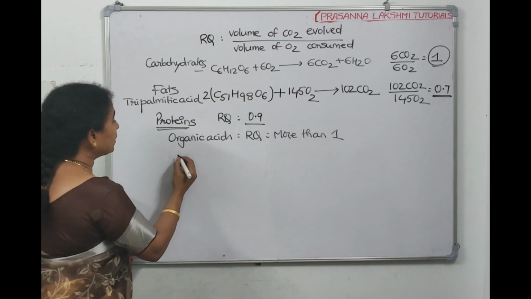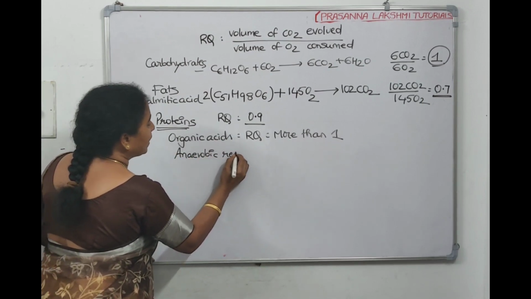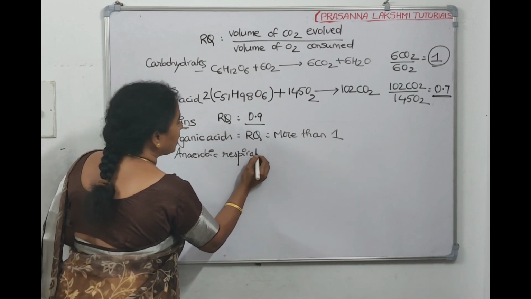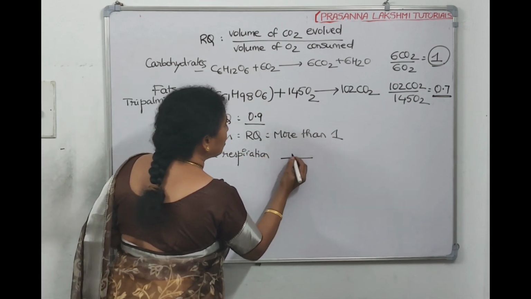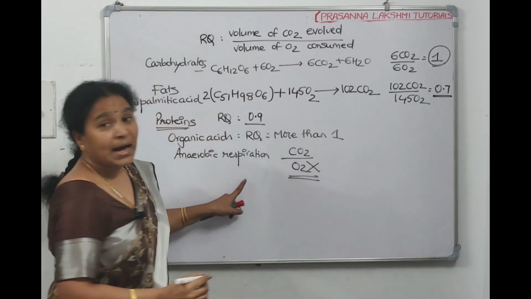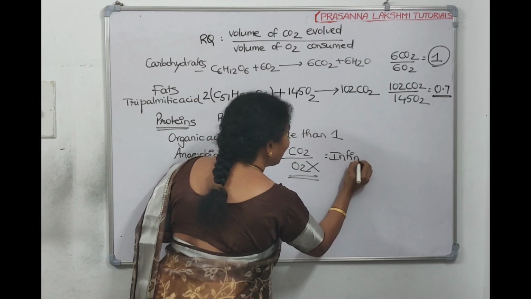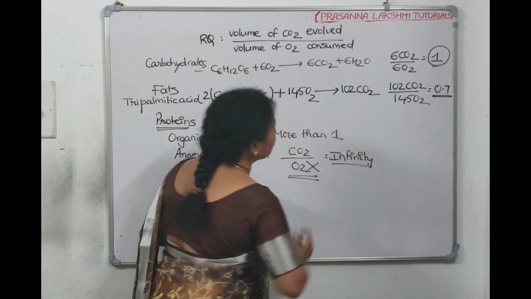And if we go with anaerobic respiration, in anaerobic respiration, only CO2 will be there. O2 is not there. The RQ value for anaerobic respiration will be infinity. Remember this, children.